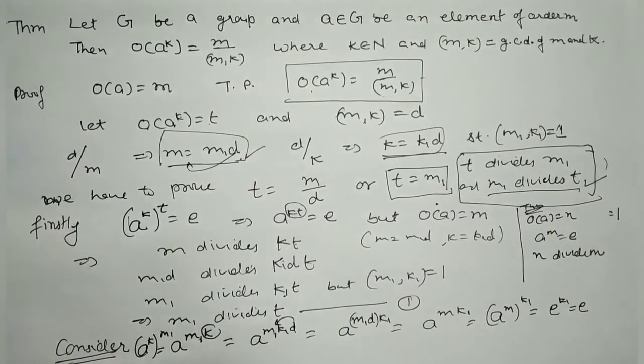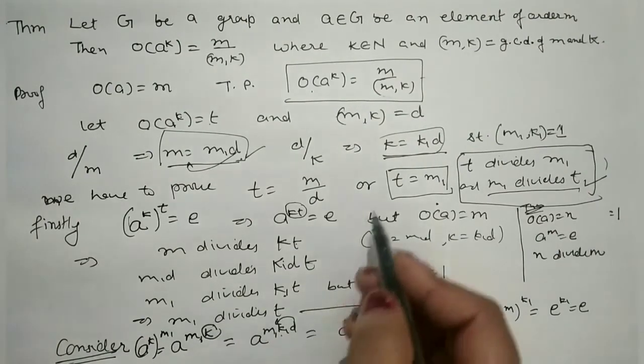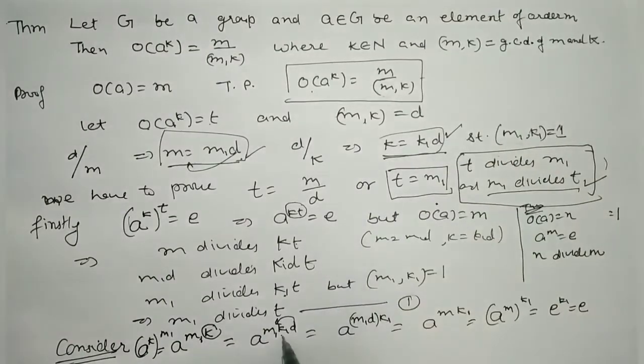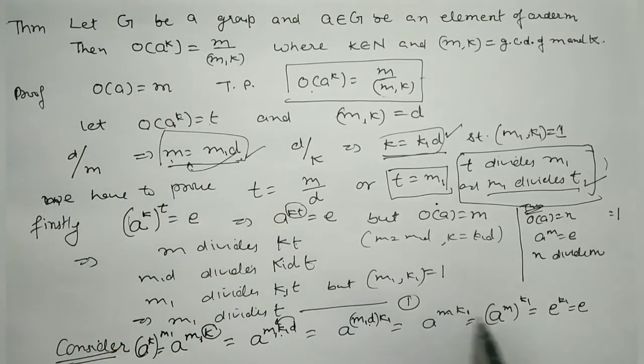So again I am showing the same step here. a raised to power k is the number, raised to power m1, then it is a raised to power m1k. We put the value of k as k1d from here, and we attach this d with m1. m1d is m, and a raised to power m is identity.